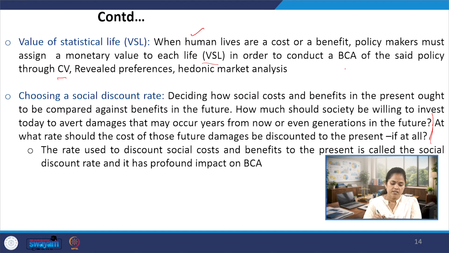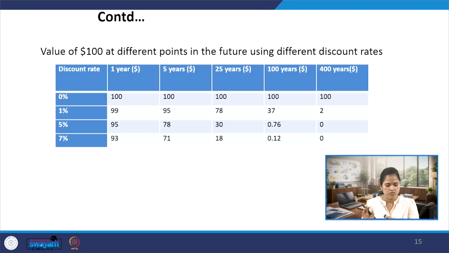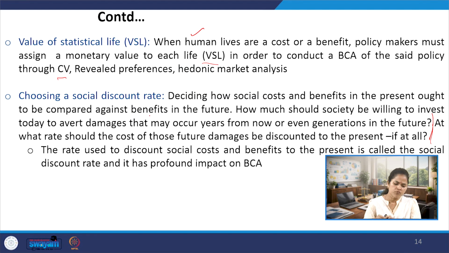Okay, so what is this social discount rate? The rate that is used to discount the social costs and benefits to the present. Okay, so that is known as the social discount rate, and it has a very profound impact in the benefit cost analysis.